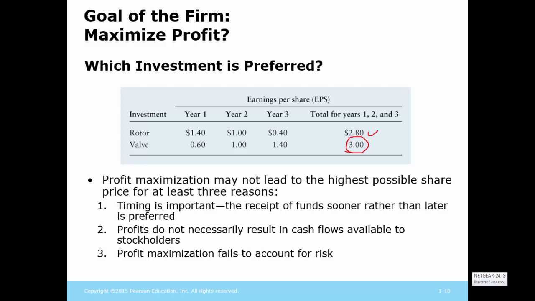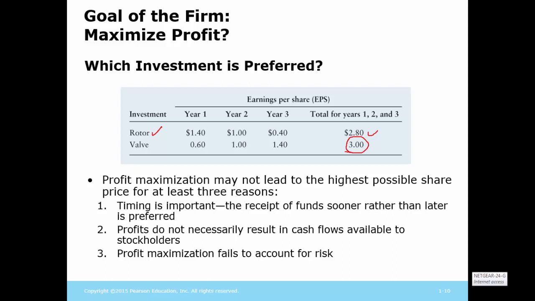The question, though, is which one of these is a better investment? First of all, timing is important. You'd rather receive money sooner rather than later. So rotor 1 has an advantage. You get your money quicker. Second, profits don't necessarily result in cash flows. We're going to talk about this to a great extent.